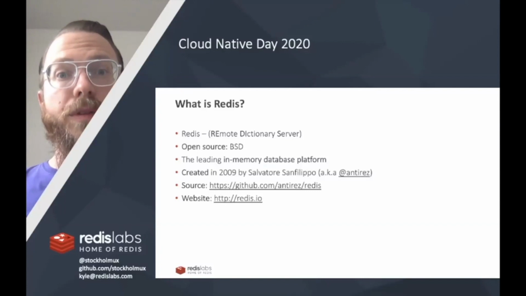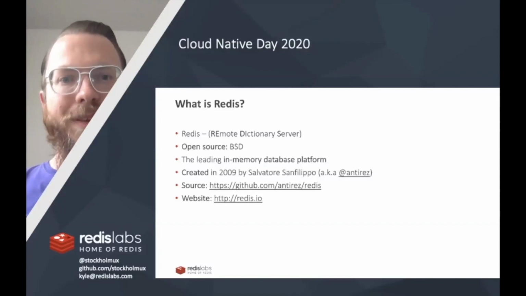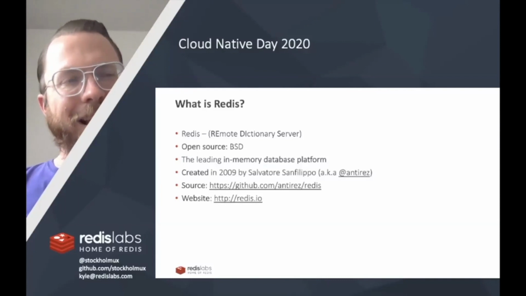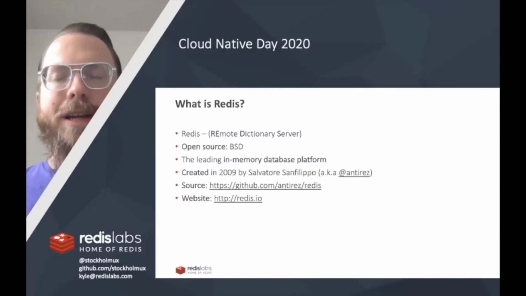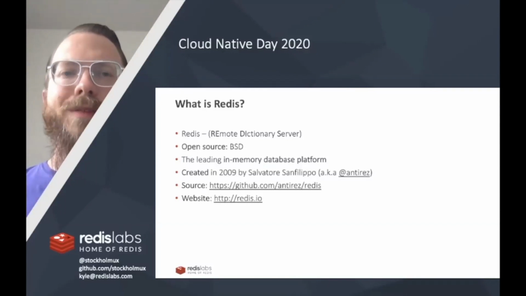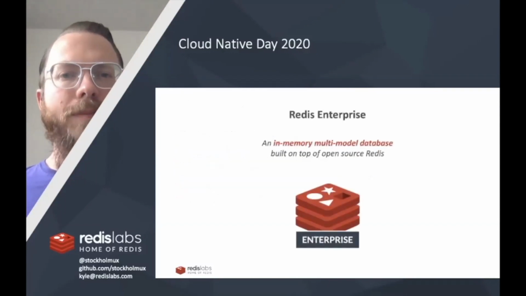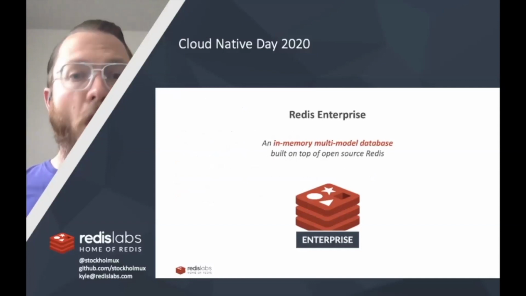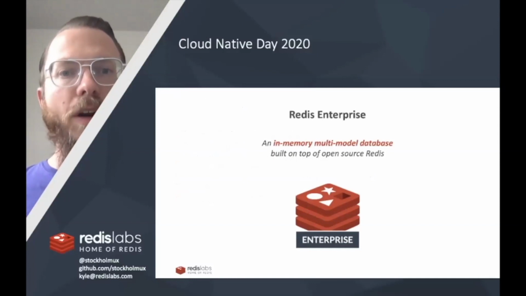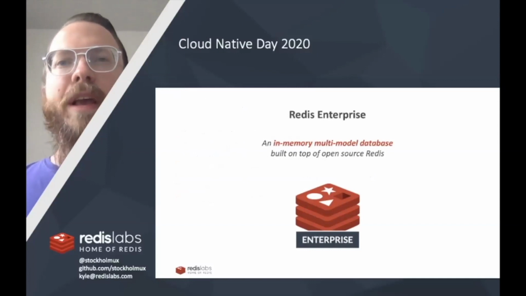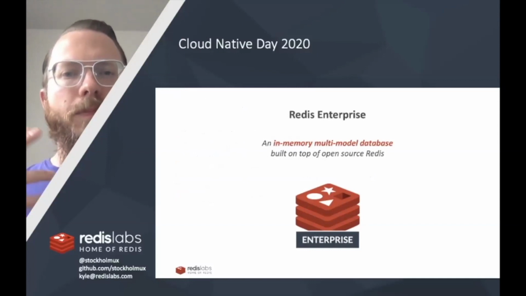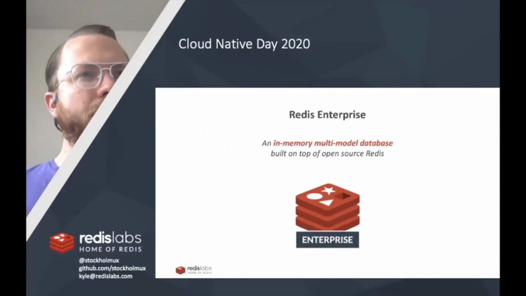Now, if you look at the source code of a lot of other databases, that can't always be said. But Redis is pretty concise, following some very common patterns, so it's approachable to read and understand. Now, I work for Redis Labs. Redis Labs is the home of Redis, but it also provides Redis Enterprise. Redis Enterprise is basically the in-memory multi-model variant of Redis.